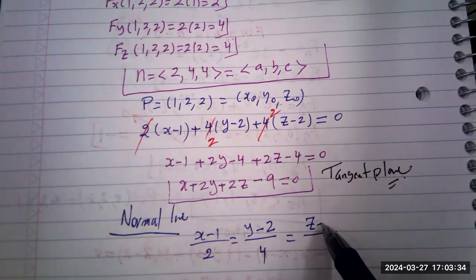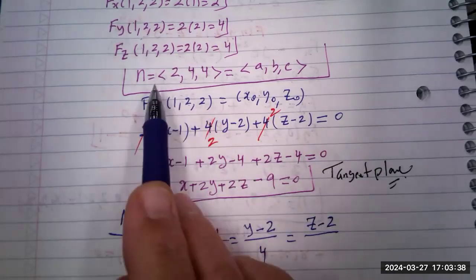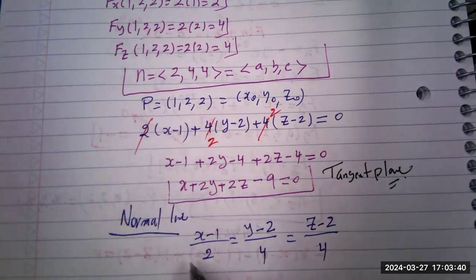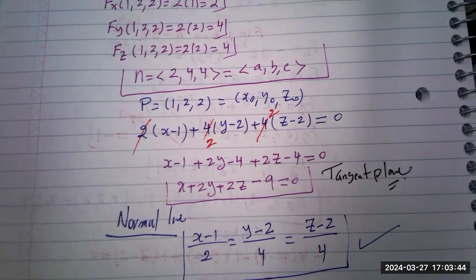Z minus 2 over 4. So that gives you the equation of the normal line, and you're done. So again, the key is knowing the normal vector and how we're going to find it. That would give us the equation of the tangent.